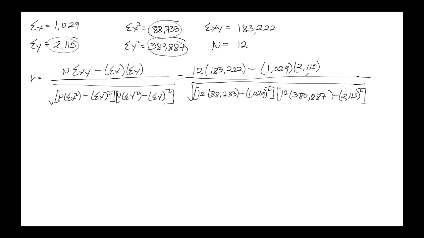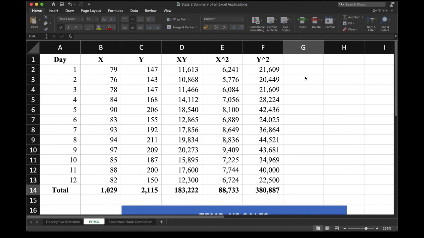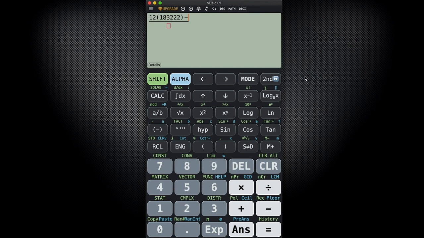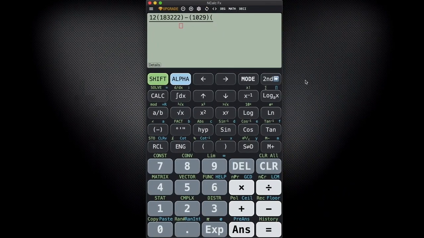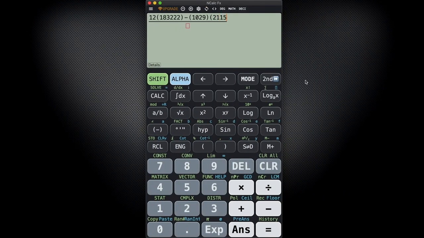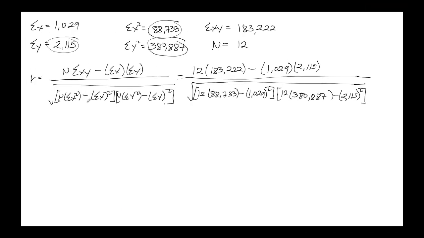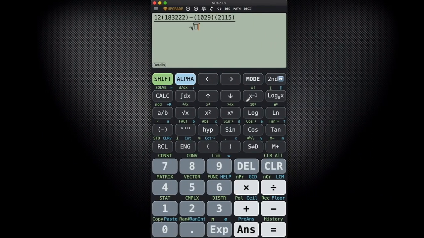Then, minus 1,029 multiplied to 2,115. Sa baba, we have here the square root. So, square root of 12 multiplied to 88,733 before 12.